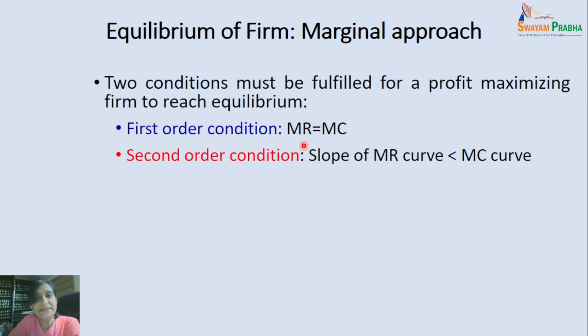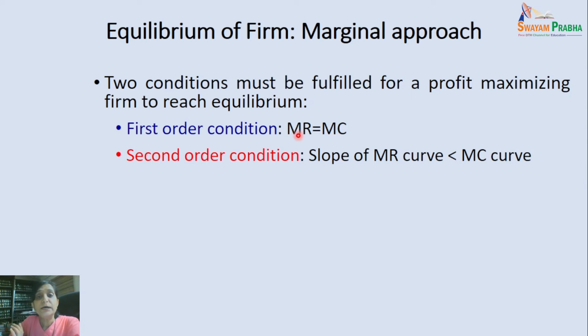Marginal revenue is the extra revenue earned by selling one extra unit. Marginal cost is the extra cost the firm incurs because it is producing one extra unit. Also, marginal revenue is the slope of your total revenue curve, and marginal cost is the slope of your total cost curve.